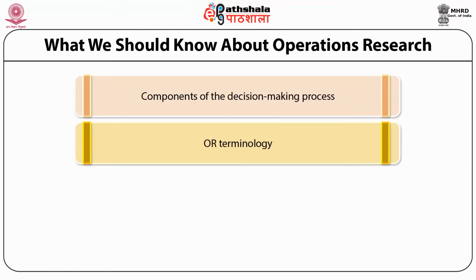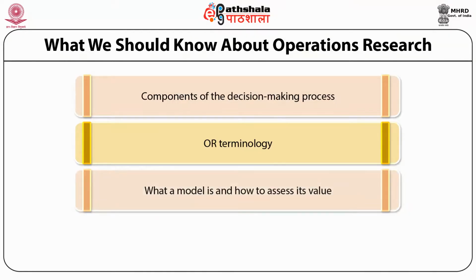Thirdly, we should know what a model is and how to assess its value because everything is dependent on mathematical modeling. So, people have to be explained how models are to be prepared, how models are to be applied, and how we can assess their values so that efficiency can be brought into various processes and procedures.